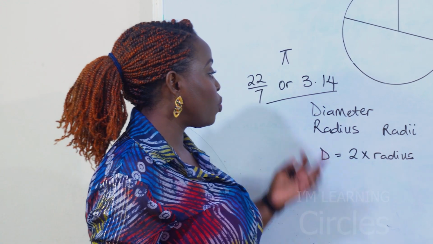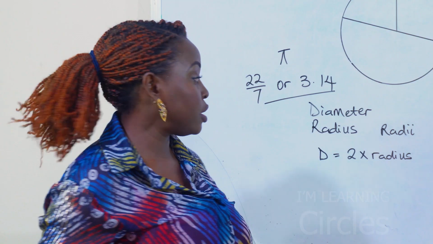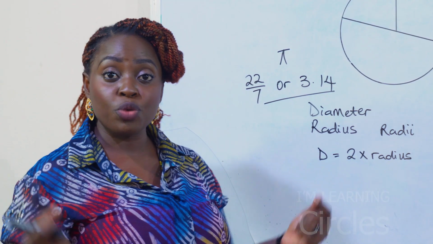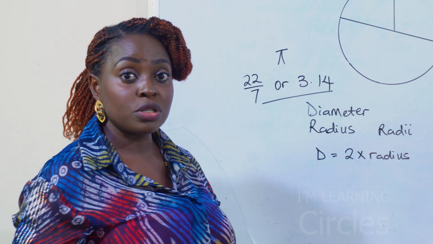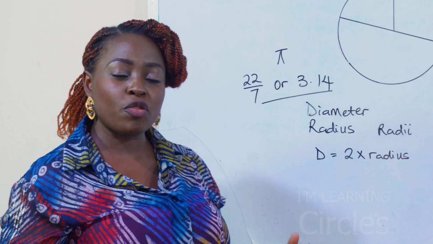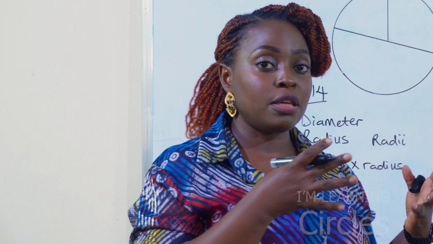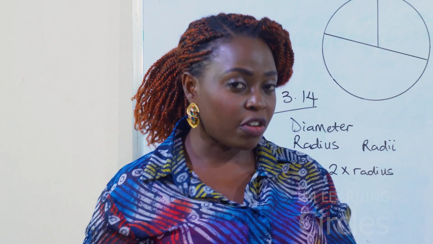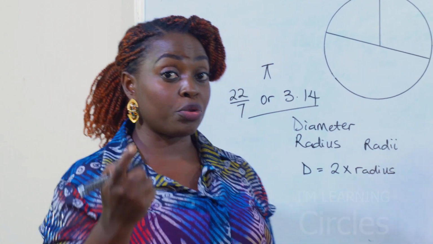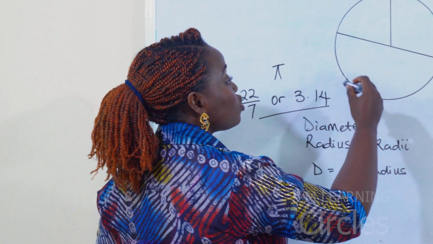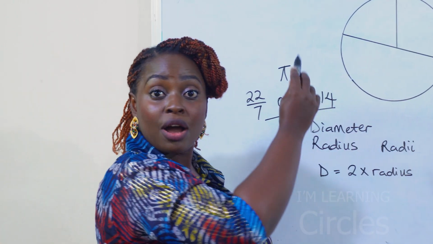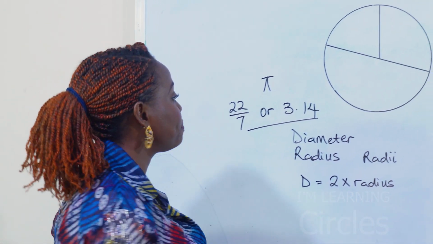So now that we know the diameter, we understand the radius, and we know the values that we can use for pi, it is time for us to explore the formula for finding the circumference of the circle. Remember, the circumference is the total distance around the circle, all right?